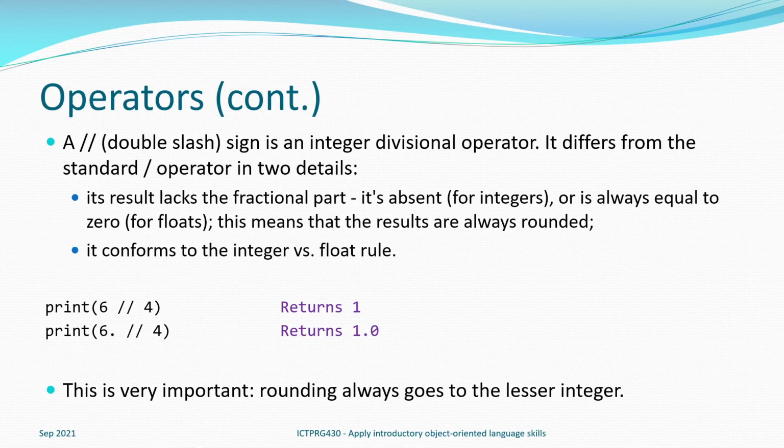In the example we have 6 floor division 4. 4 goes into 6 once, rounded down. Second example, we've used a float, so 6.0 divided by 4 is 1.0, rounded down. So using the floor division will only tell you the whole division number, so it doesn't return any fractional results.